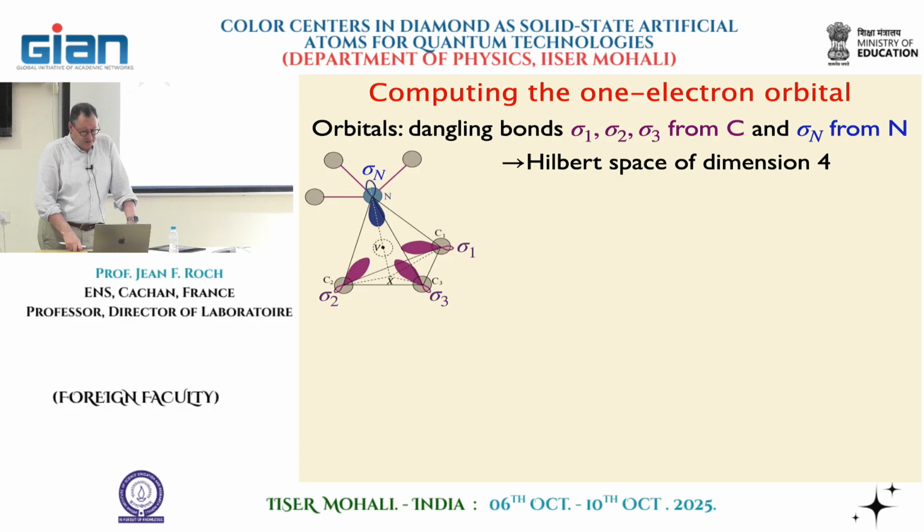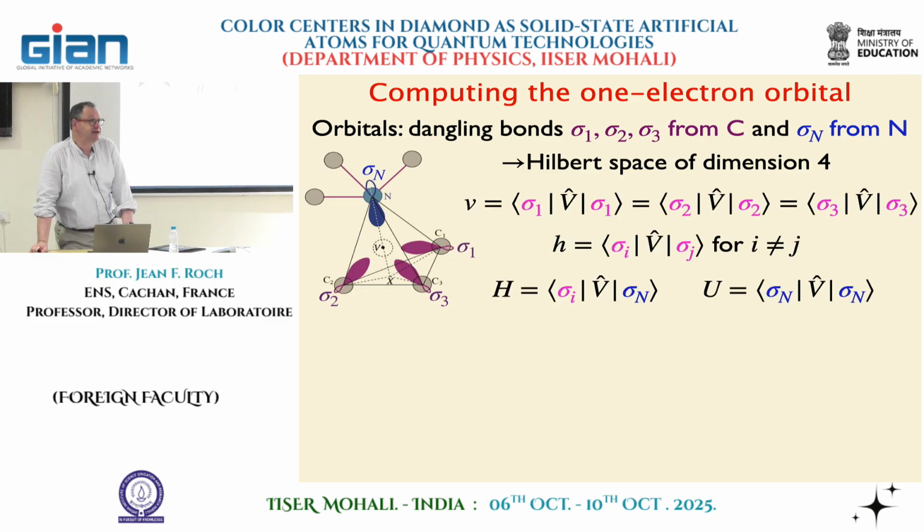So I work now in a Hilbert space. I don't take into account all the atoms. I don't know how to do it. Other people know how to do it by other techniques, but I restrict myself to a Hilbert space of dimension 4, which is associated to these orbitals.